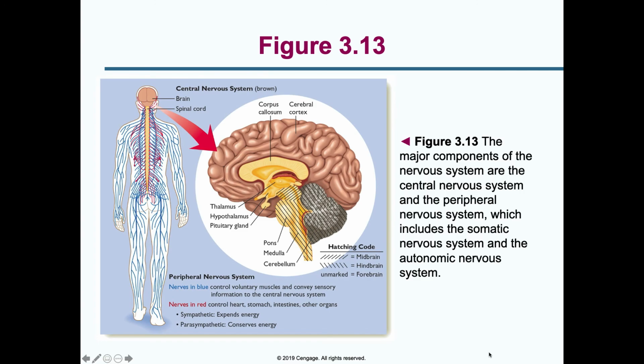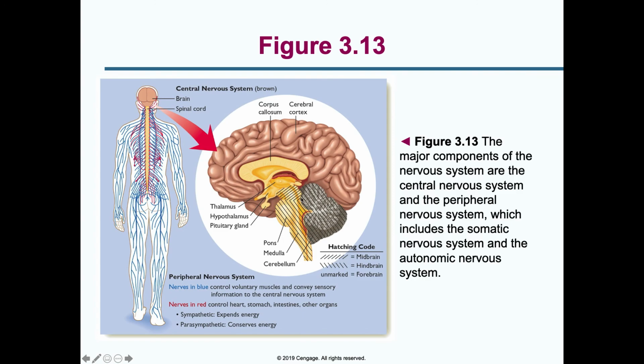But if you look at this diagram, you'll see here that we have different areas of the brain. The central nervous system consists of the brain and the spinal cord. This brown area here is considered the central nervous system and the parts that are in it. If you notice, they have a code here of lines going in one direction.